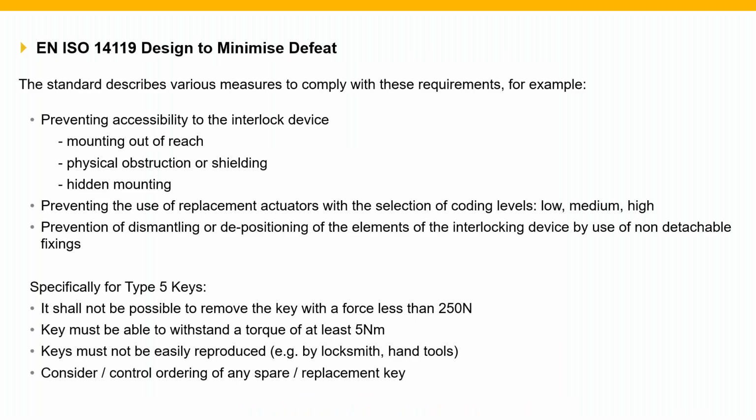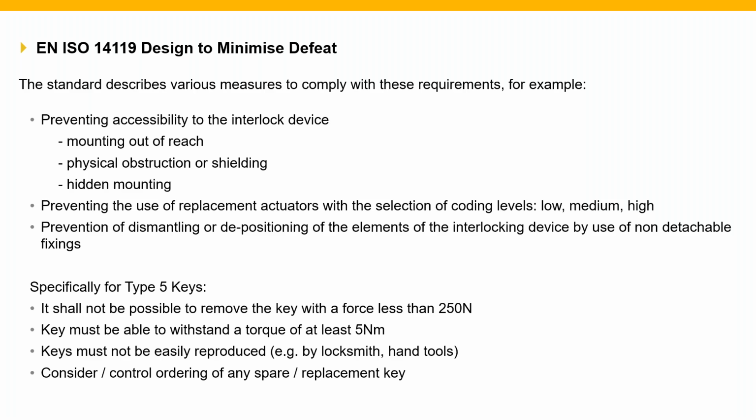There are some basic simple things that we can do to prevent access. We can mount it out of reach. We can have some sort of flange or shield or bracketry around it to prevent people from getting there, or we can hide it away completely if possible in the structure of the guard itself.